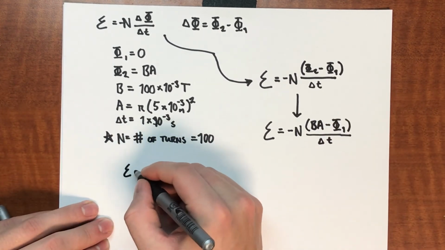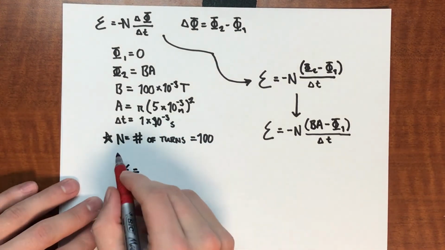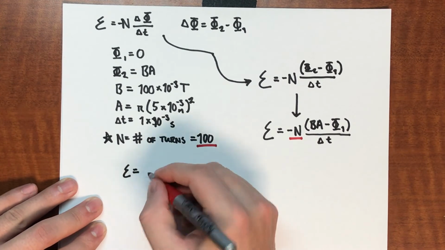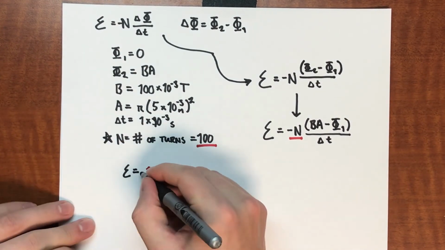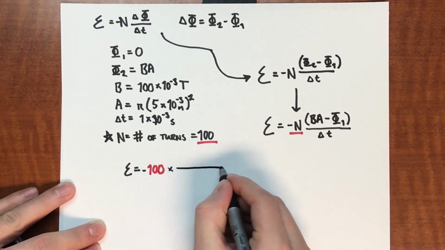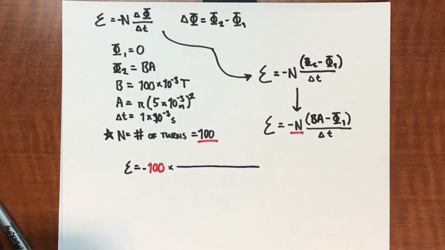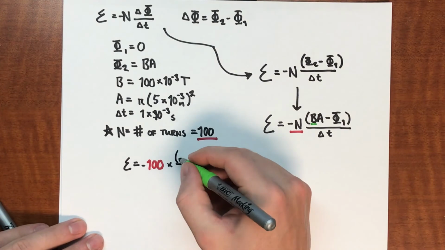Now we can start plugging in our values. So our EMF is going to be equal to, let's plug in our value for number of turns, which is going to be 100. Then we're going to multiply that by our magnetic strength.